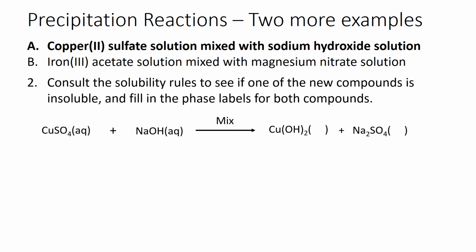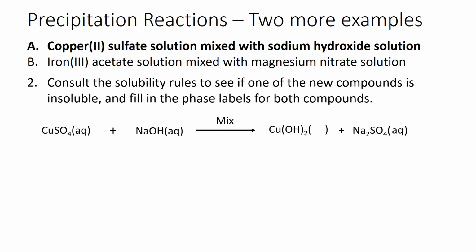Now I consult the solubility rules. I look and, well, the second product has sodium in it. I don't even need to think about looking at the solubility rules because I memorized the ones that have no exceptions, sodium compounds are always going to be soluble.